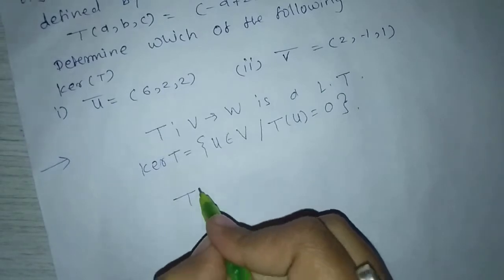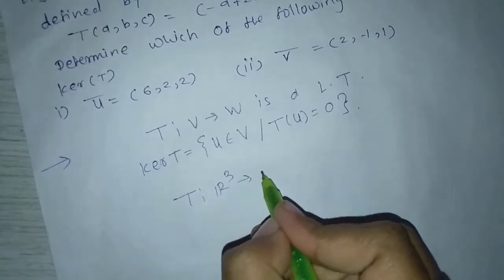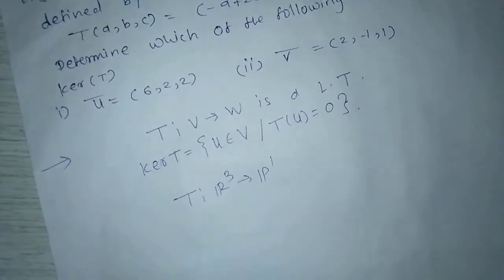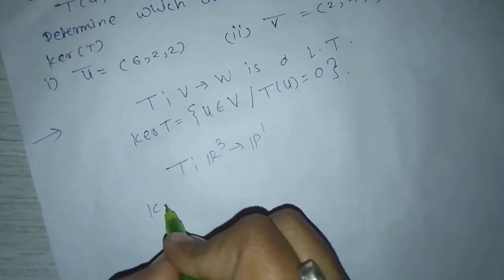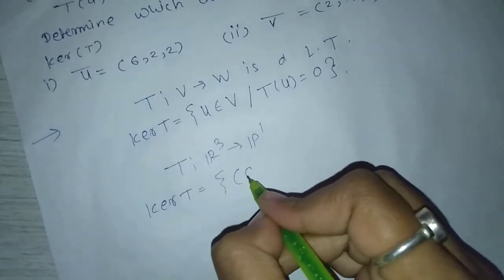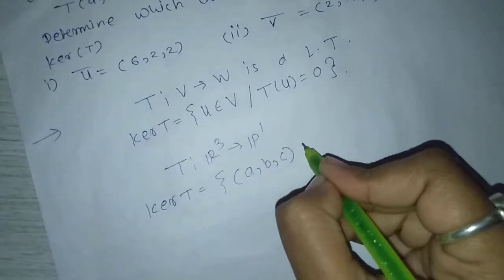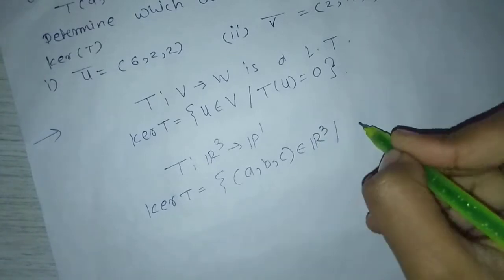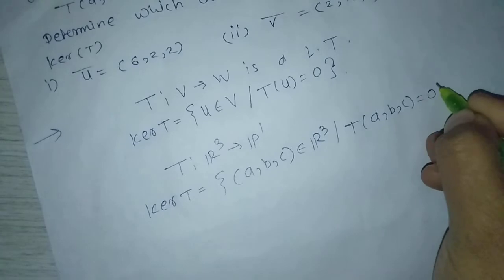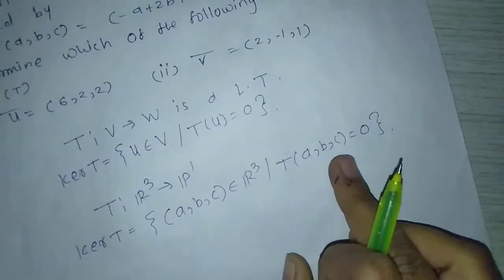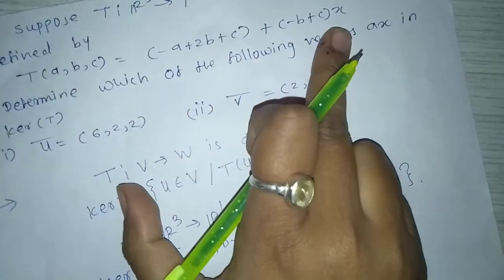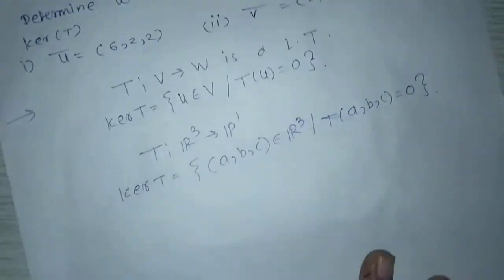Here T mapping R3 to P1 means V is R3 and W is P1. Then the kernel of T contains elements (a, b, c) belonging to R3 such that T of (a, b, c) equals 0, where T of (a, b, c) equals (−a + 2b + c) + (−b + c)x.